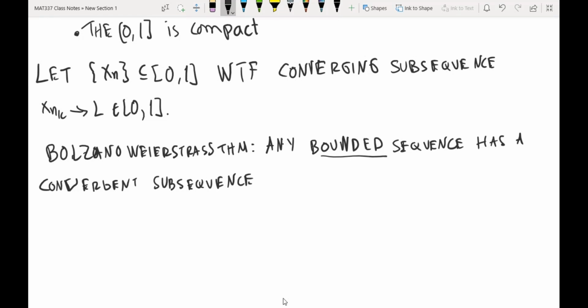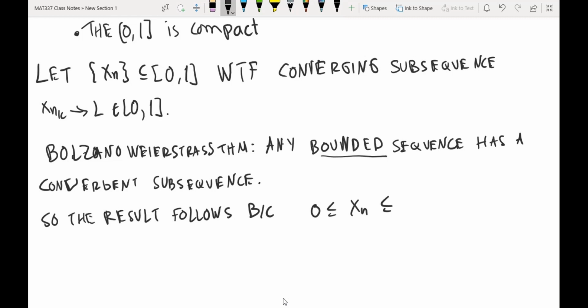So the result follows immediately, because x_n is bounded above and below.